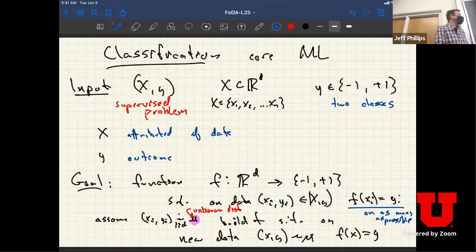You do as well as you can on the training data, and then you evaluate how well you did on the test data. The test data should look like data from the same unknown distribution, but you haven't observed it yet. If you didn't use it in the training, you might as well not have observed it yet, so that you can see how well you're actually doing. The goal is to make a function which makes good predictions on new data.